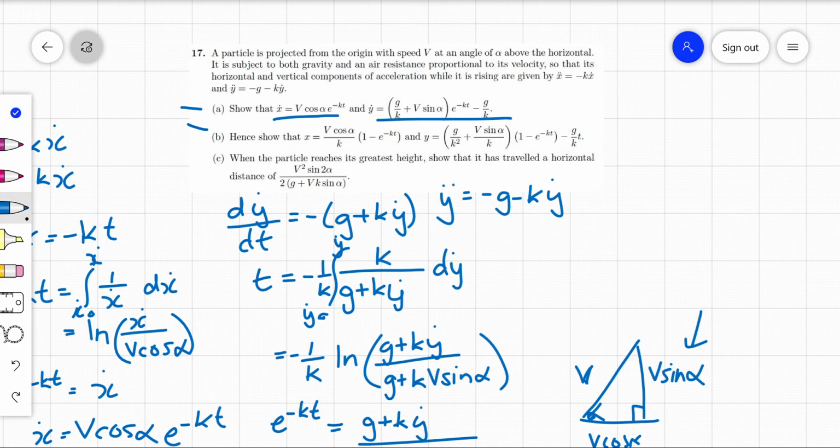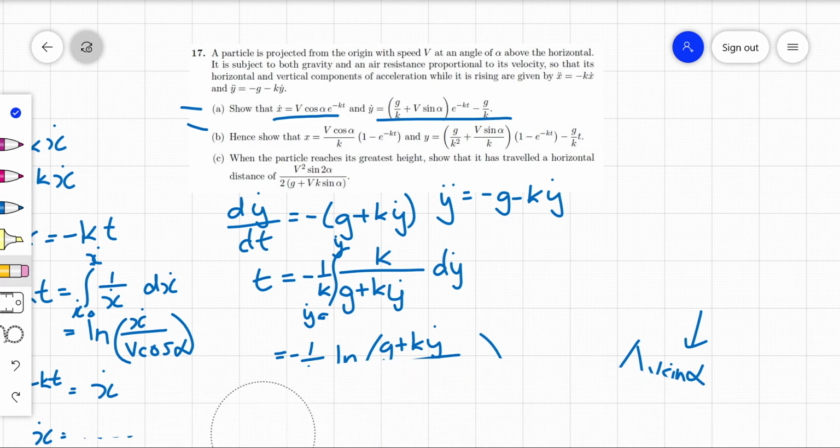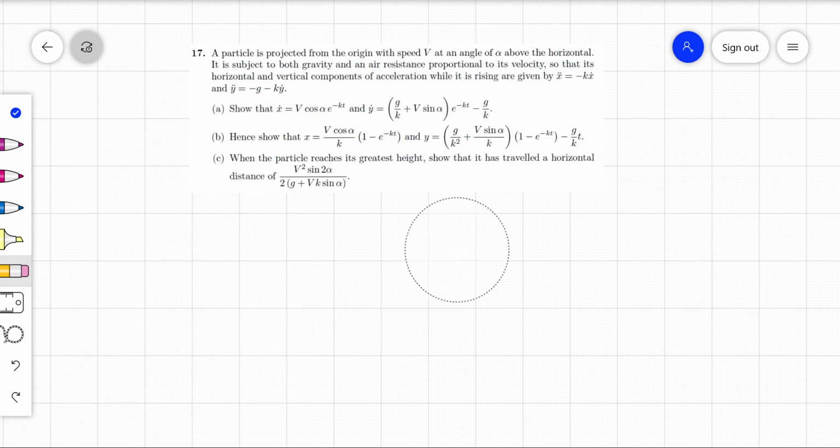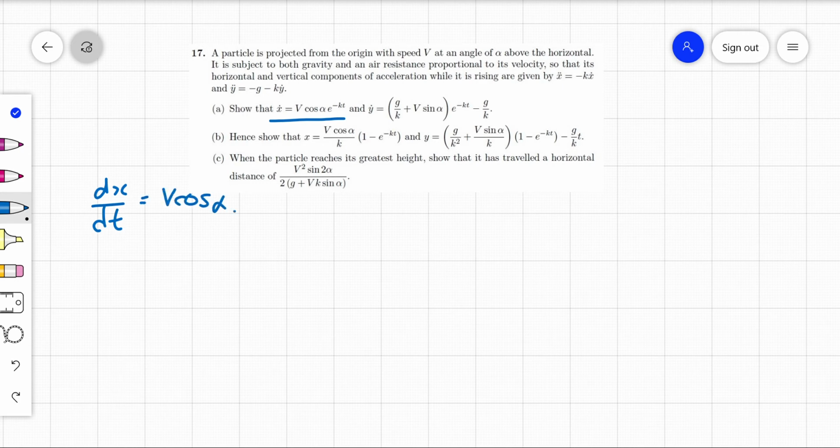Then we're going to do the same thing to get the next equations. I don't need any of that. So let's go ahead and get the next equations. If I start with this one, x dot, remembering x dot is just dx on dt, so that's v cos alpha e to the minus kt.